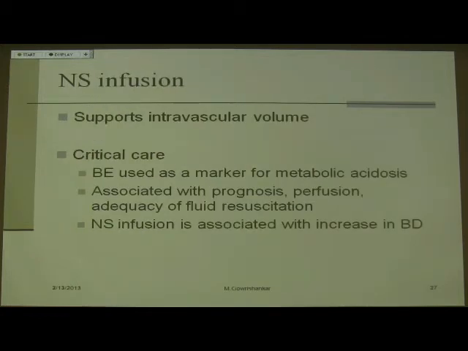Normal saline infusion supports intravascular volume at a time when there's trauma, intraoperative needs, and so on. In critical care, we do have a problem. Because if you're going to focus on base excess as a marker of metabolic acidosis, and then say that this is associated with poor prognosis, fluid resuscitation, morbidity, and so on, without understanding the whole concept of what acidosis is all about, and if you're going to keep chasing the base excess, then it does become a problem.